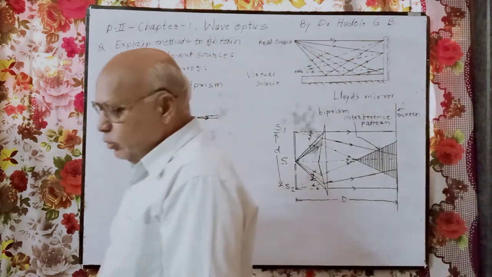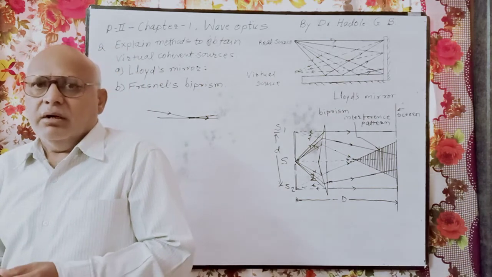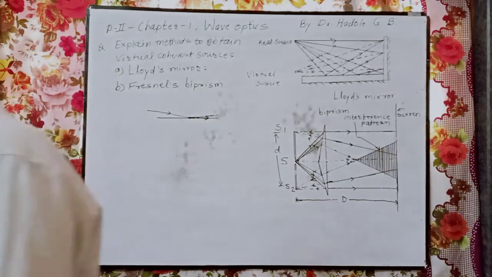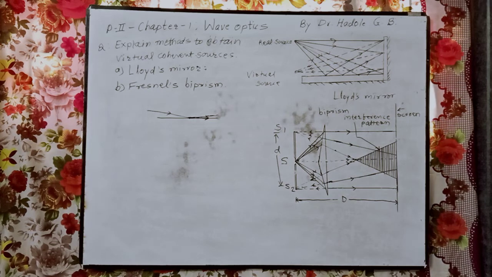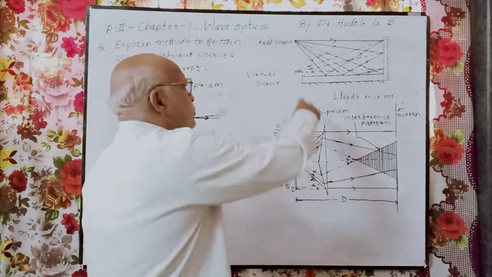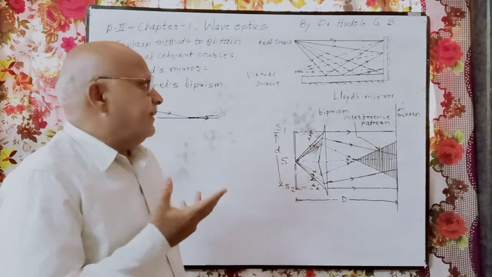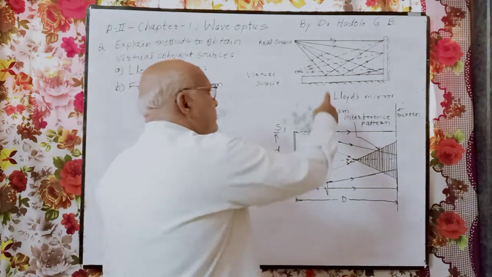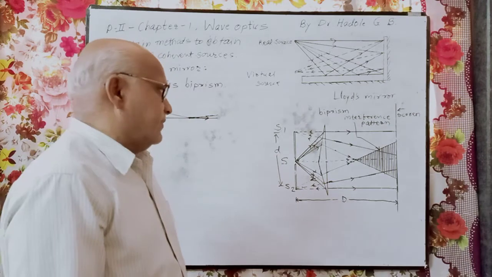In this way, by using Lloyd's mirror, we can obtain two coherent sources, and these can be used for interference of light. These two sources are in phase and their frequency is the same, and they are going to form an interference pattern as in Young's experiment.